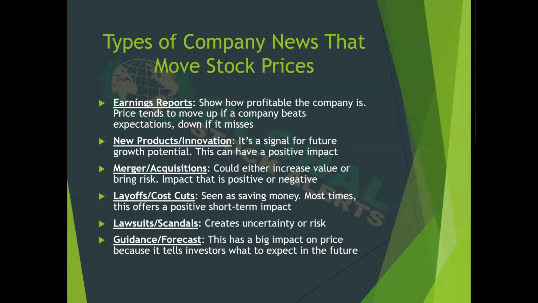Another thing that you look for, and these are things you can scan for on any stock, is new products and innovation. A new product could signal future growth potential, which in a lot of cases usually leads to a positive impact, especially when it comes to AI, with a lot of companies moving into that.